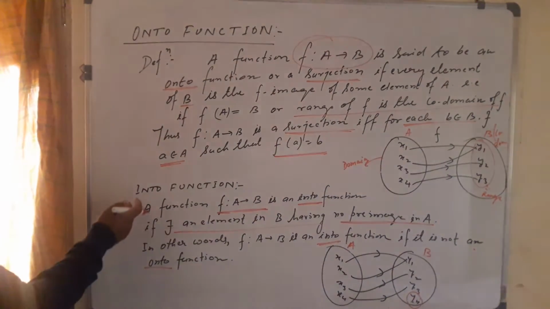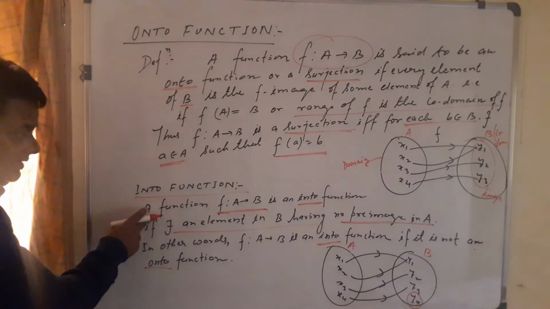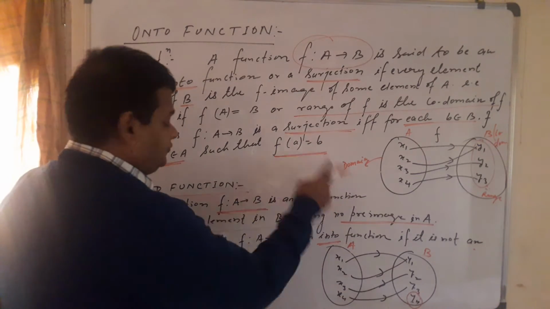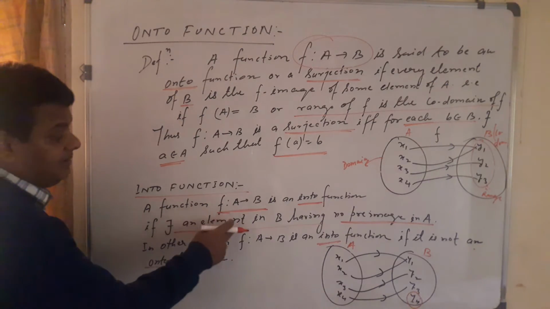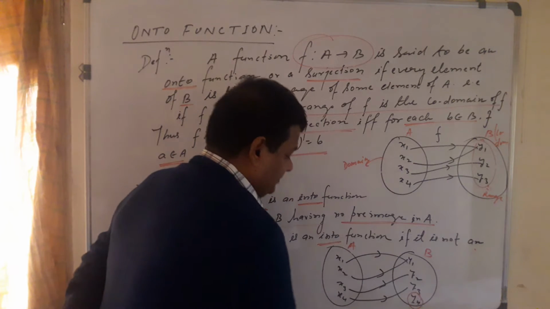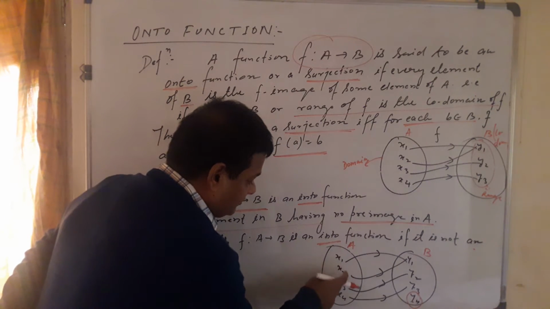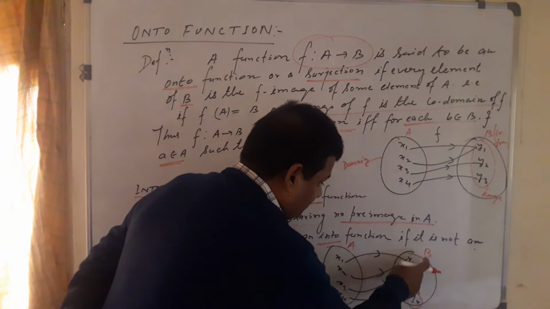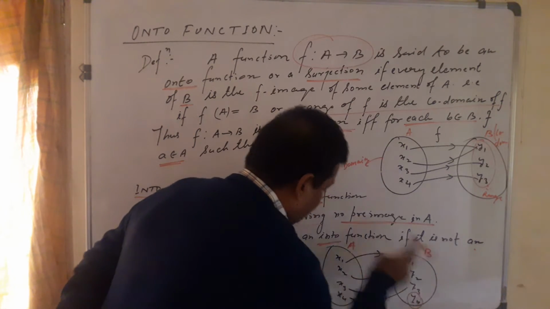Now I am discussing the into function. See here, a function f: A to B is an into function if there exists an element in set B, which is not mapped. Here this is the set B and this is set A. Set A has x1, x2, x3, x4, and set B contains the elements y1, y2, y3, y4.